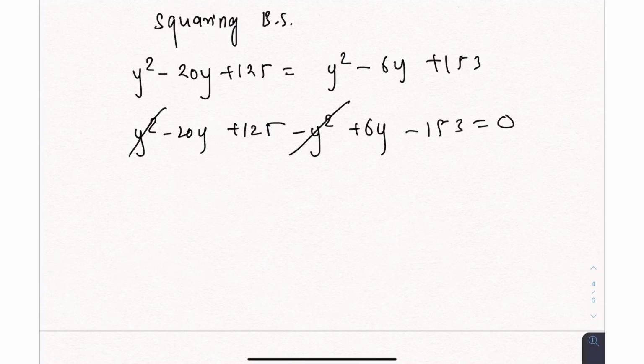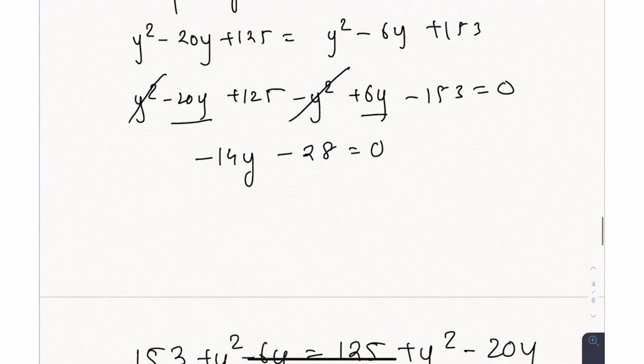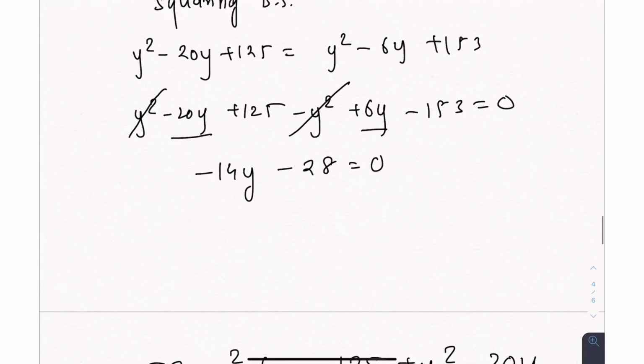So y square minus y square will get cancelled. Minus 20y plus 6y will give us minus 14y. 125 minus 153 will give you minus 28, and this is equal to 0. So obviously we need to shift it to the right hand side. So we'll get minus 14y is equal to 28.